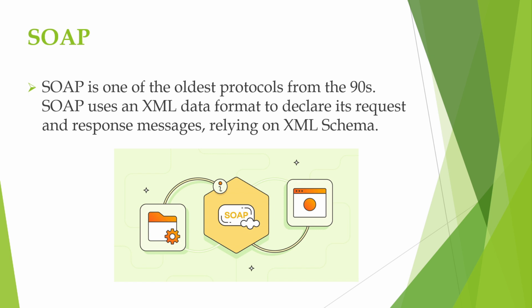This SOAP is like a national postal service. It provides a reliable and trusted way to send and receive messages between systems and also within enterprise applications. SOAP relies on the XML format for its request and response.